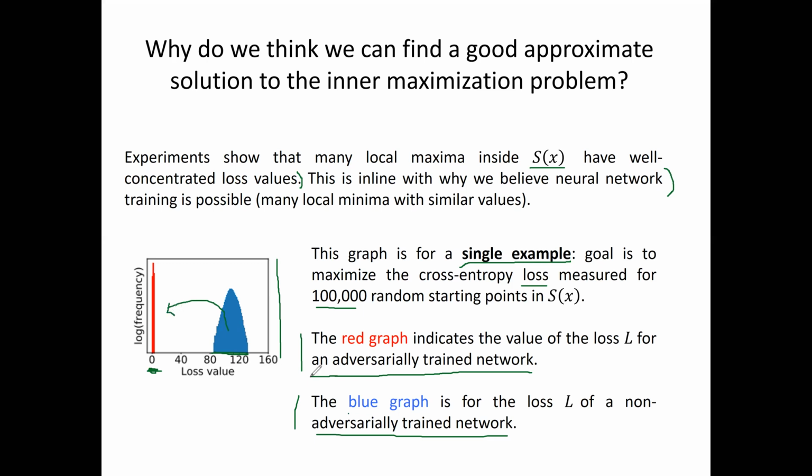Ultimately what it tries to show is that there are many good values of the loss, and they're fairly concentrated, so hopefully you can find them more easily. But a lot more can be studied here as well in this hypothesis.